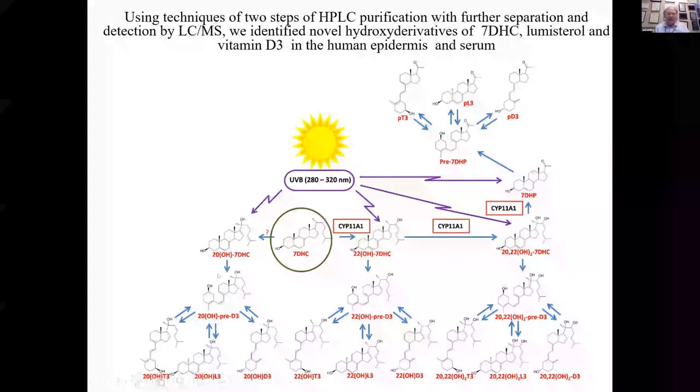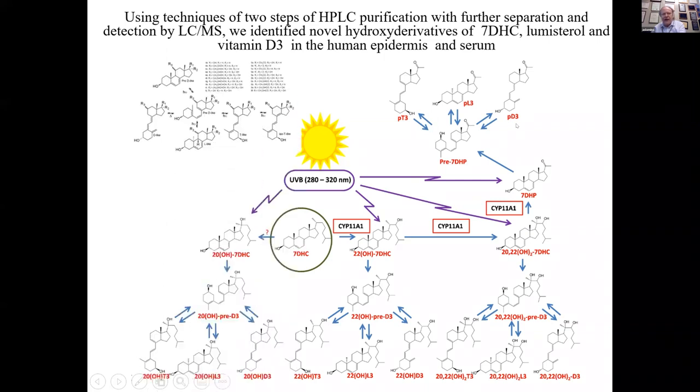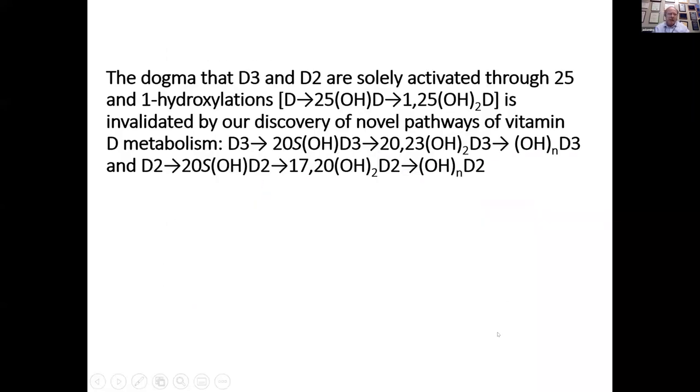Under UVB, these compounds change configuration into vitamin D or lumisterol compounds, or vitamin D-like compounds with a short side chain, giving an even much larger number of compounds that can be produced in the body, a whole new metabolome from lumisterol, vitamin D, and tachysterol also.